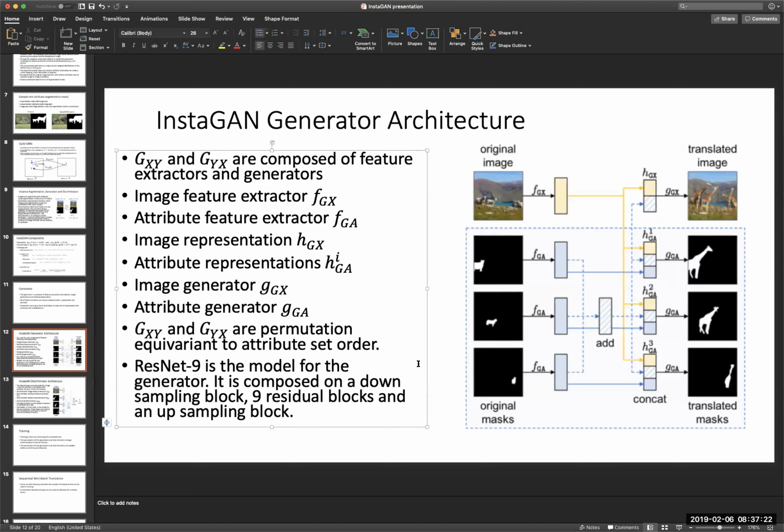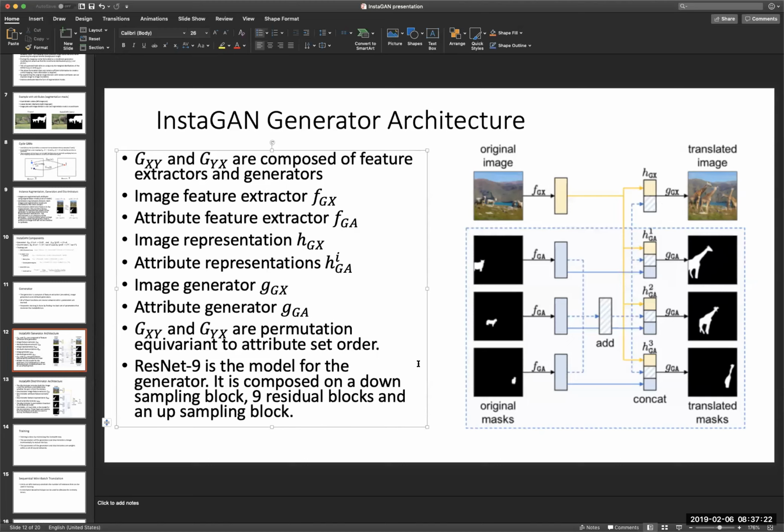So you can sort of see that in this diagram, the downsampling and residuals are done on everything to the left of say here, and the upsampling is done by this last generator level.